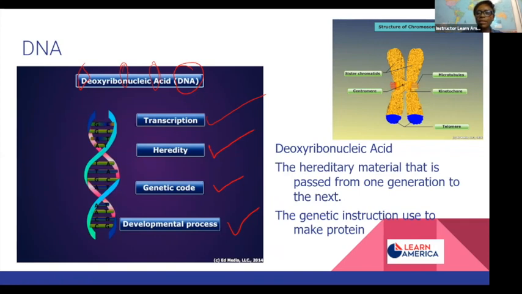As we take a look at this other image that I have up here on the right, here's the structure of the chromosome again. It's important that you understand the structure of the chromosome and the different parts to it. If we take a look, the chromosome has two sides to it. One side is referred to as a chromatid.